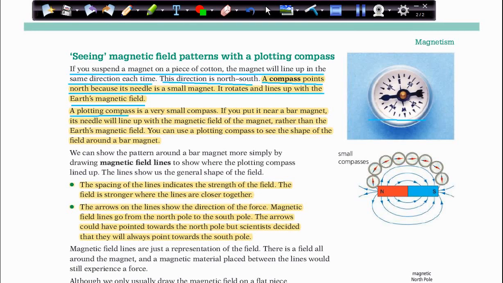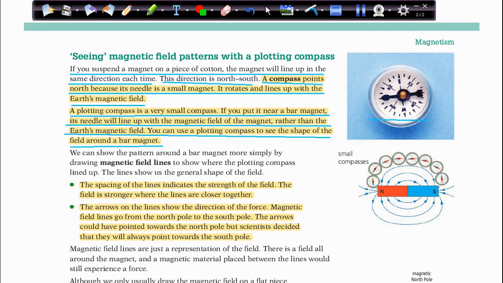A plotting compass is a very small compass. If you put it near a bar magnet, its needle will line up with the magnetic field of the magnet, rather than Earth's magnetic field. You can use a plotting compass to see the shape of the field around the magnet. So how can we do this?